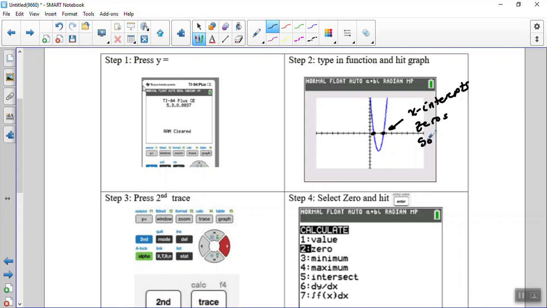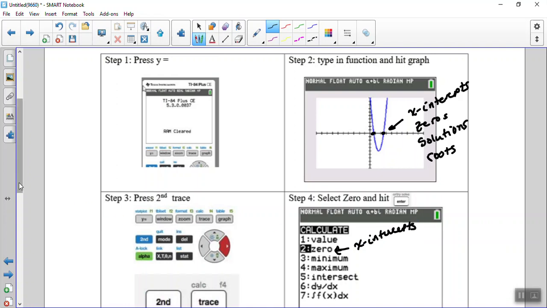Sometimes we call them solutions. Sometimes we call them roots. Okay, we'll get more into this, but for this purpose, in the calculator, we want to select the zero, meaning that this means x-intercepts. This is to find x-intercepts.